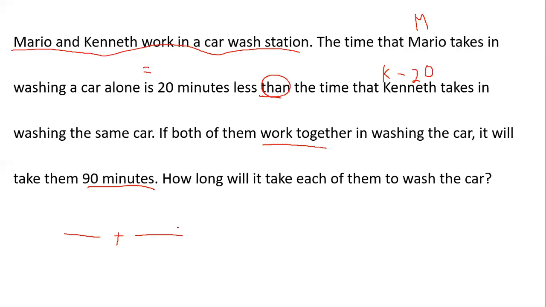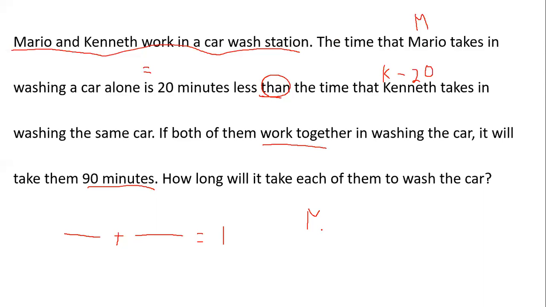Ayan. Equals 1. So, the time that Mario takes in washing a car alone. Ayan, pwede na po natin isulat yan. Dito po sa bandang taas. O dito na lang sa right side.